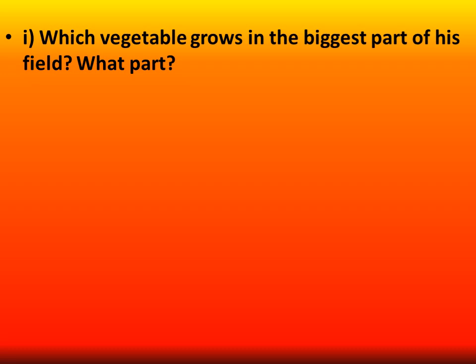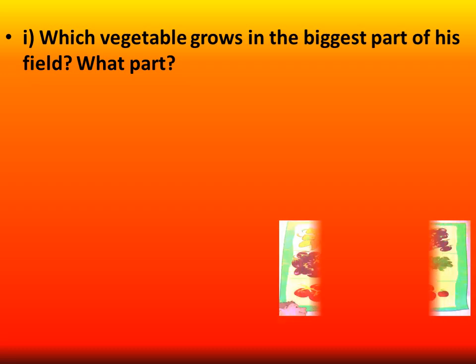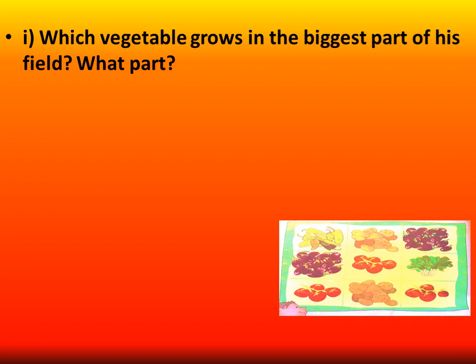Which vegetable grew in the biggest part of his field? What part? So now you have to see the picture and find out which one is more. Which part has more of the same type of vegetable? When you see carefully, the tomatoes are being grown in 3 fields out of 9.